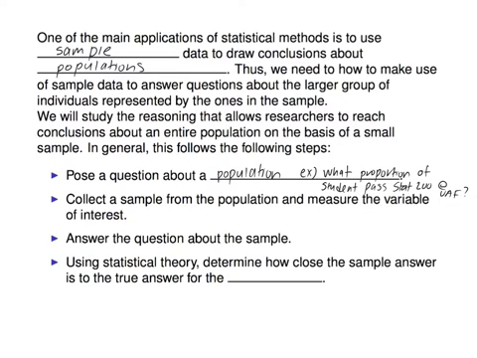Like, what is the true pass rate? Like 70%, 60%? Does that make sense? It's a question about a population. A sample could be like your class, right? Sample of 60, what is your pass rate? Could estimate that, right? And I could use my data from the first time I taught this class to do it as well. So that would be you're collecting a sample from the population and measuring the variable of interest.